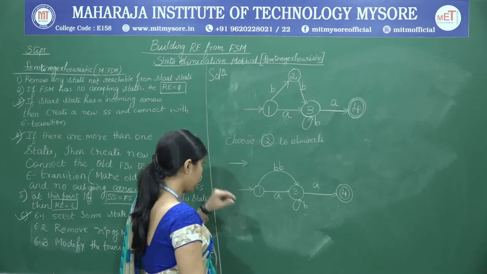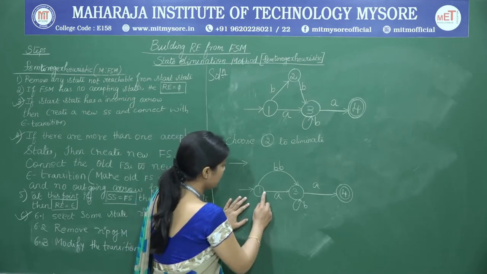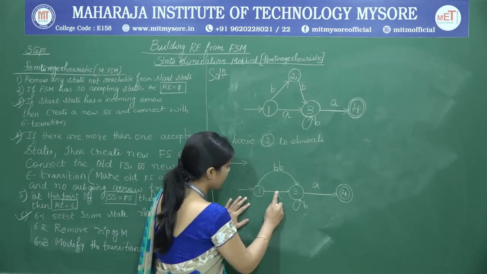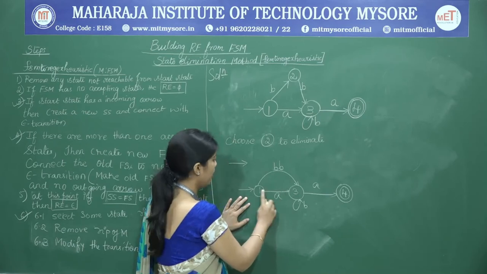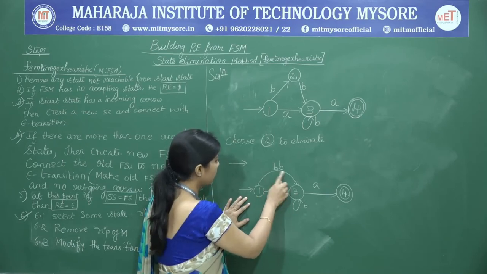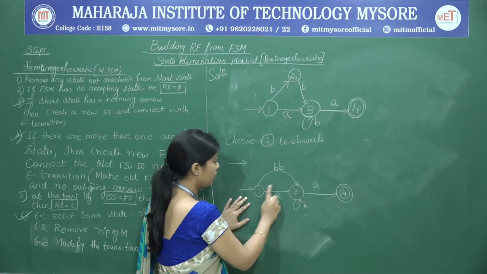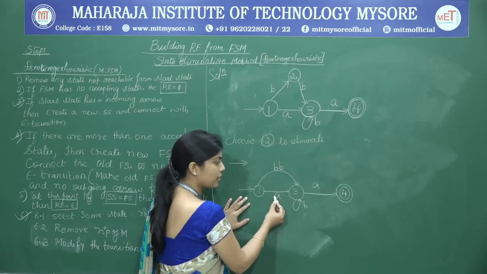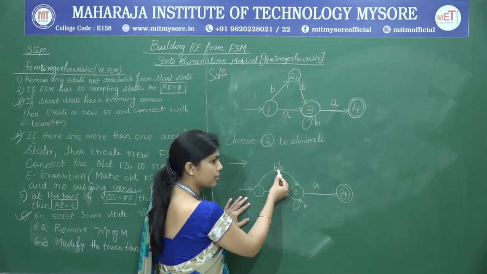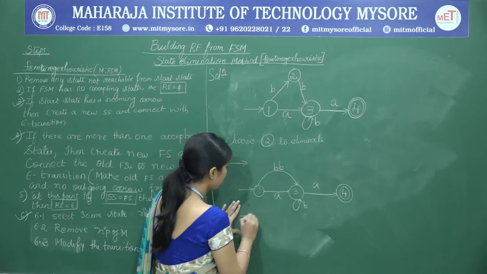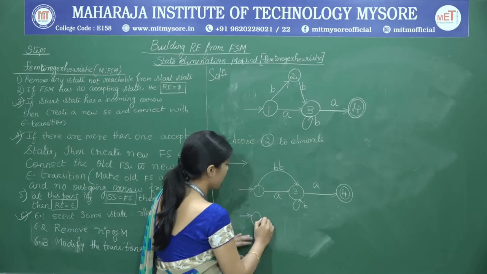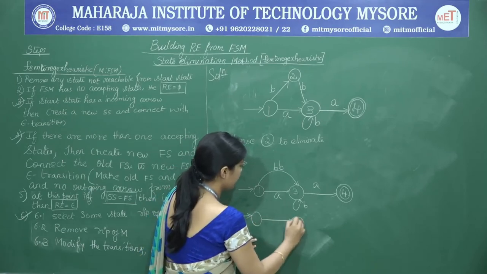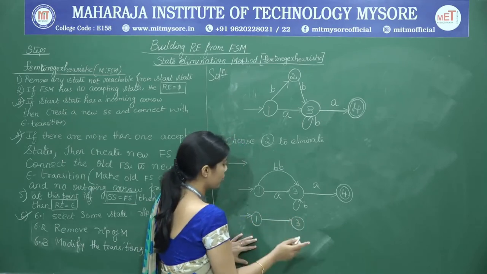So next thing what we are going to do, you can see that 1 to 3 it is going on this transition also, and 1 to 3 we are moving on this transition also. So therefore to move from 1 to 3, either you can choose this transition or you can choose this transition. Therefore the same thing can be written as from 1 to 3. From 1 to 3 there are two choices.